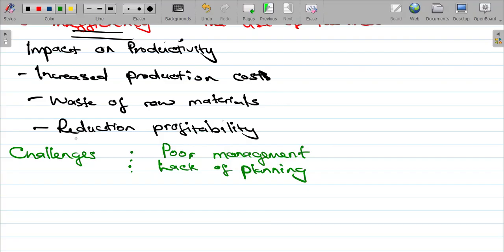An example might be a factory wasting resources like electricity due to outdated machinery.